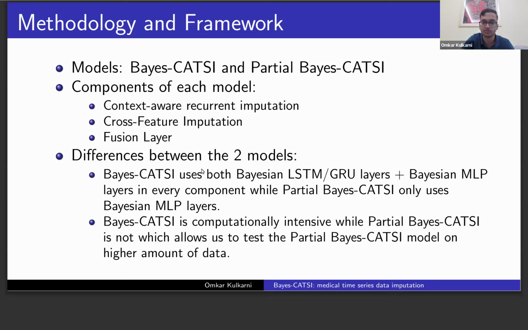So that's why Bayes-CATSI is more computationally intensive, while partial Bayes-CATSI is not, which allows us to test partial Bayes-CATSI on a higher amount of data, or cross section of data. Hence, we test partial Bayes-CATSI on 2000 samples, which corresponds to 10 seconds, while Bayes-CATSI has been tested on 500 time samples, that is 2.5 seconds.